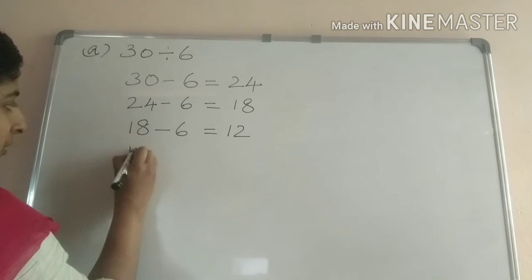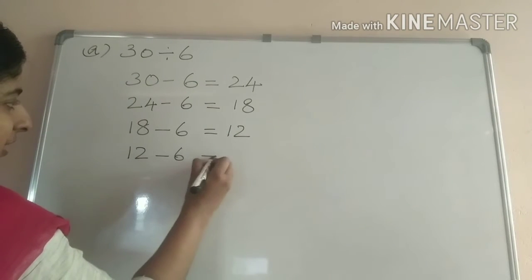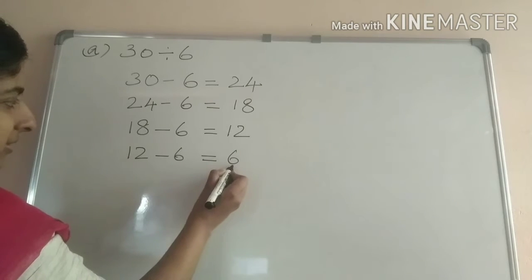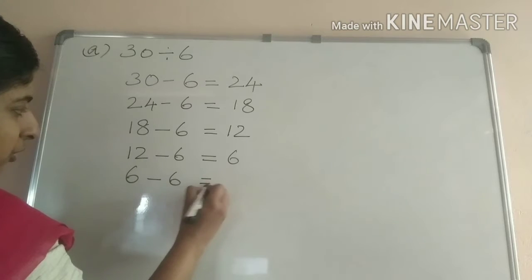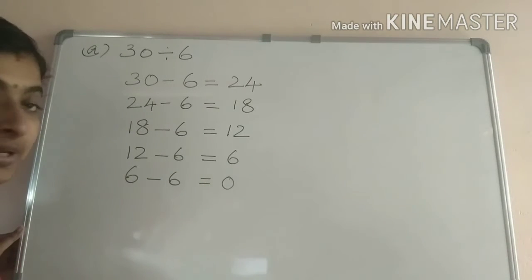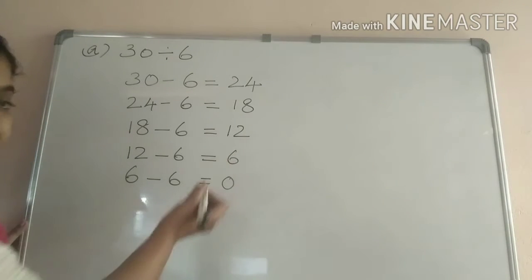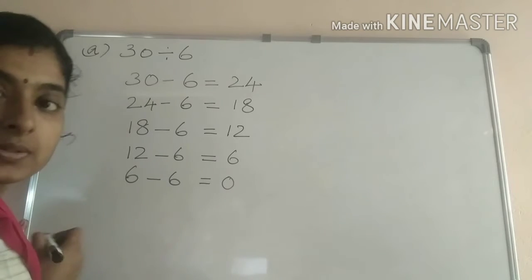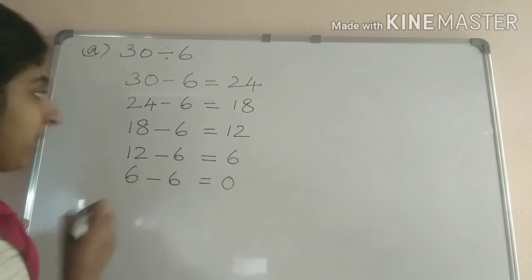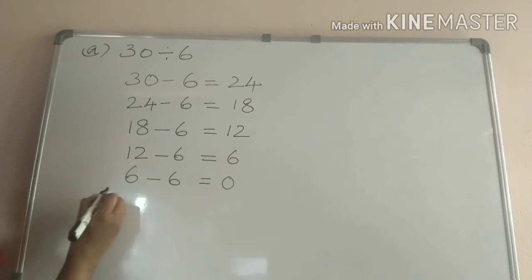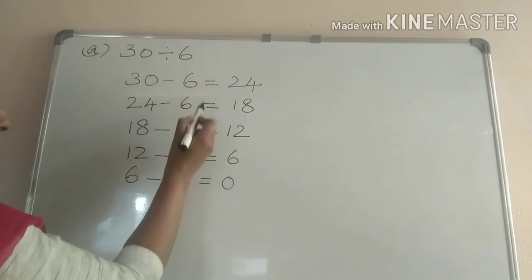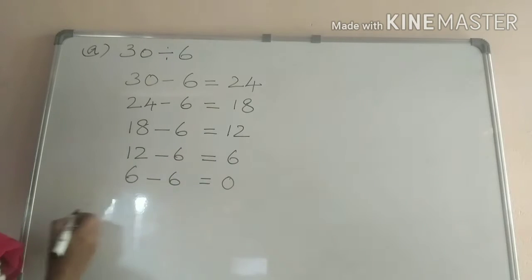Then 12 minus 6 is 6. Then 6 minus divisor 6 is 0. How many times did we subtract until we get 0? We subtracted 1, 2, 3, 4, 5.